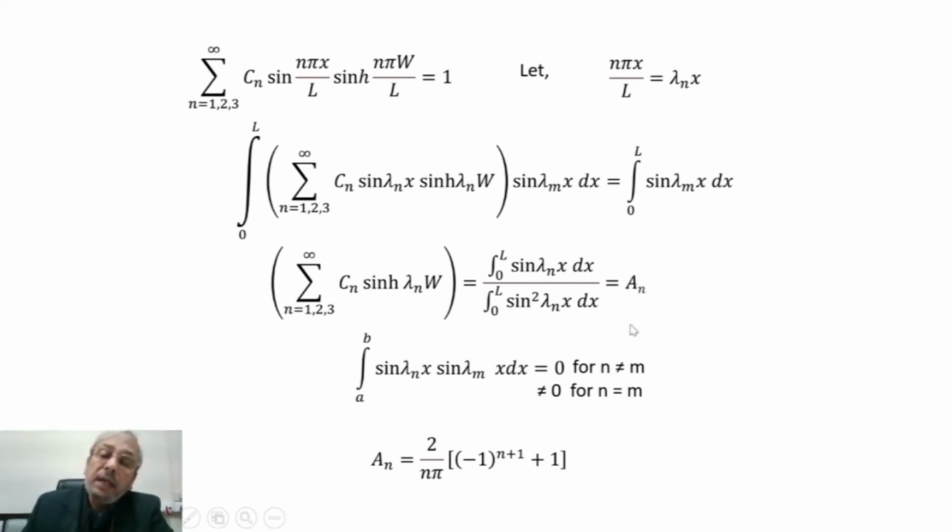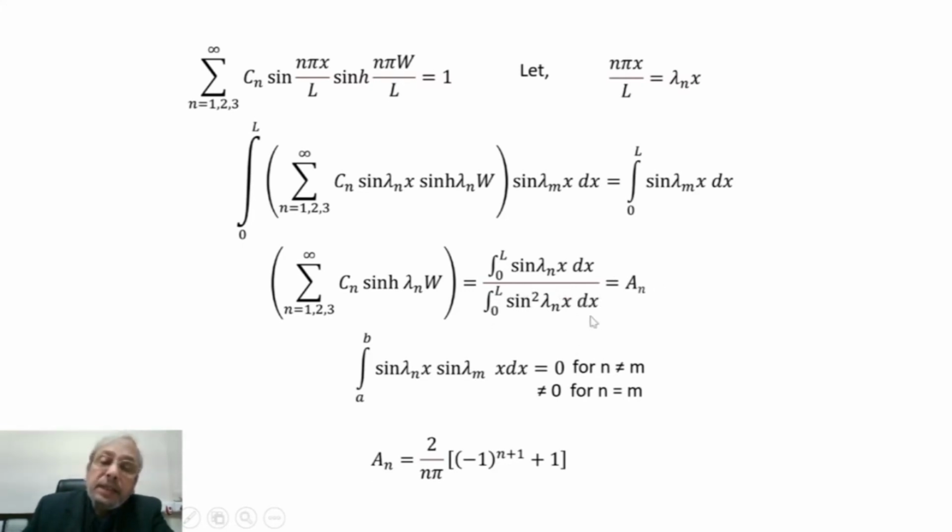And while evaluating this an, we have to make use of this integral, which we have written as 0 to L sine square lambda n x dx. This is actually 0 to L sine lambda n x into sine lambda m x dx. When m equal to n, then we can write sine square lambda n x dx.